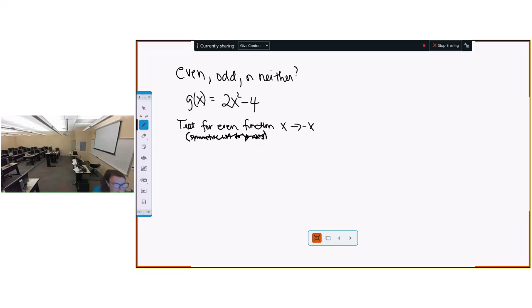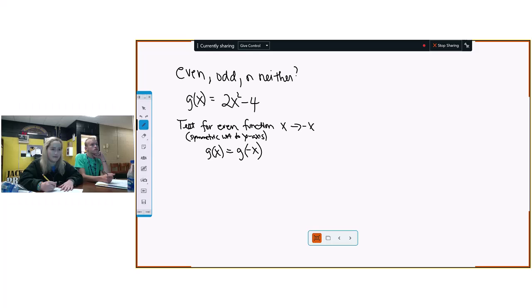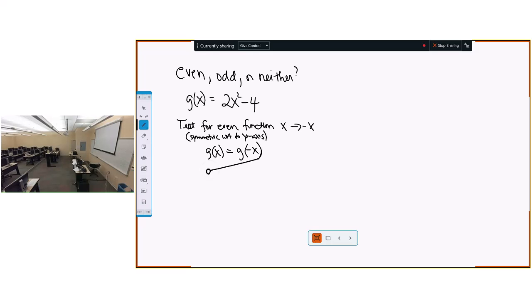And if it's symmetric with respect to the y-axis, then x goes to a negative x. So that's the same thing as the function g of x would have to equal g of a negative x. Okay? So let's see what g of a negative x is.